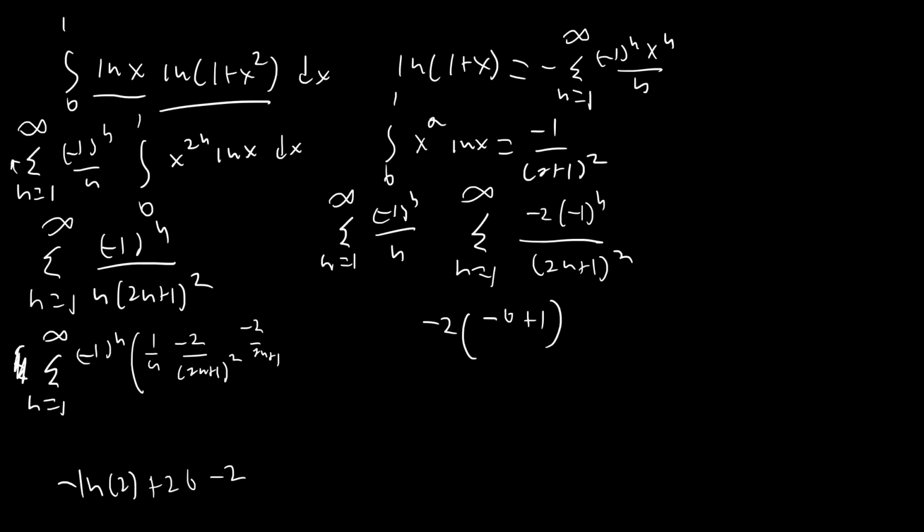Wait, no, that can't be right. Oh no, it's just G minus 1 here. This is G minus 1. Yeah, sorry about that. So we're going to have -2G plus 2.